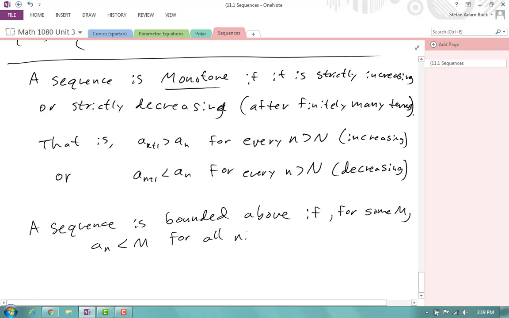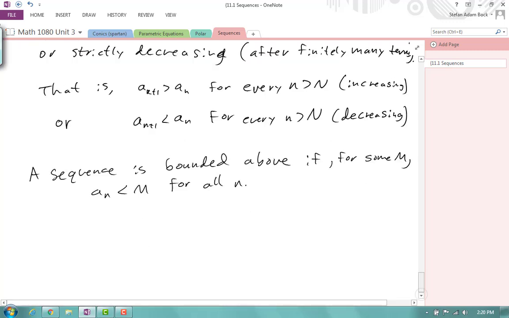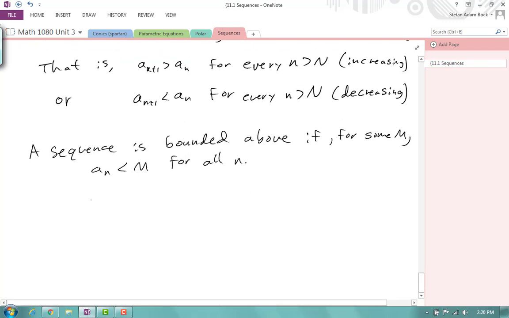So every term of every sequence is finite. There's a real number I can assign to it, but as I take them off towards infinity, my sequence might be growing infinitely without bound. But I like to know if it's bounded above, which means none of my values ever reach past a certain ceiling. And likewise, I can be bounded below.